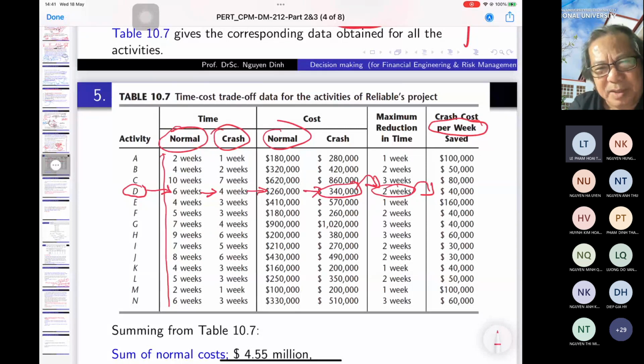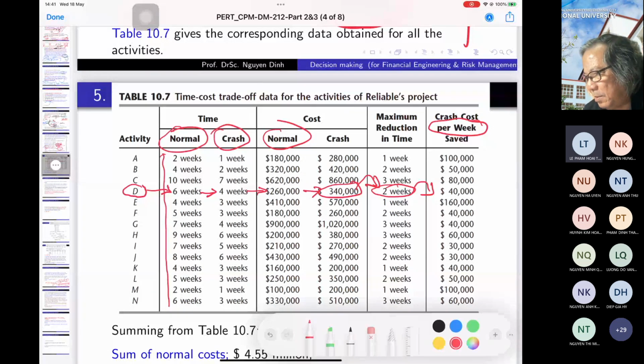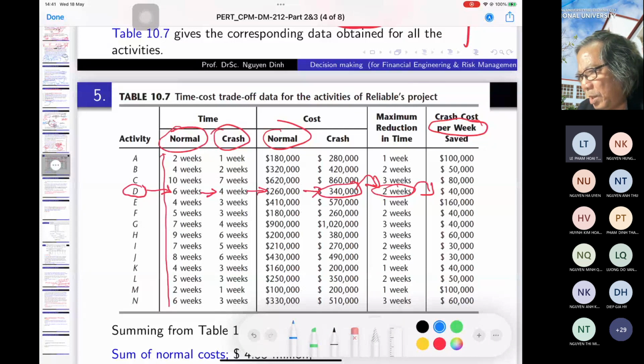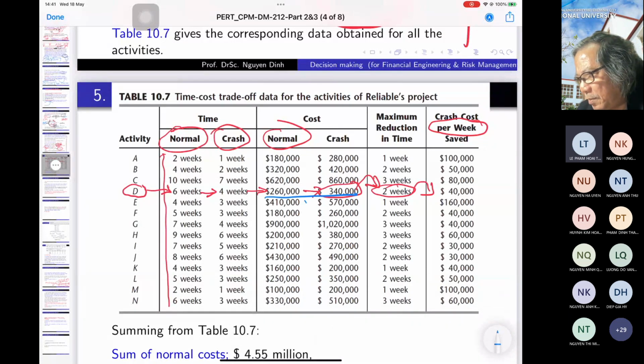Is that okay? 2 weeks, 80,000. So 1 week, you have 40,000. Okay, that is the way we calculate.